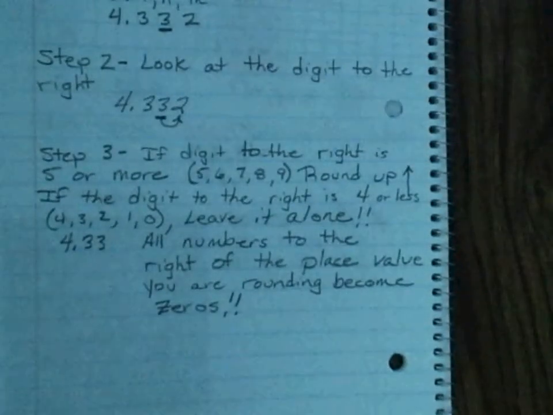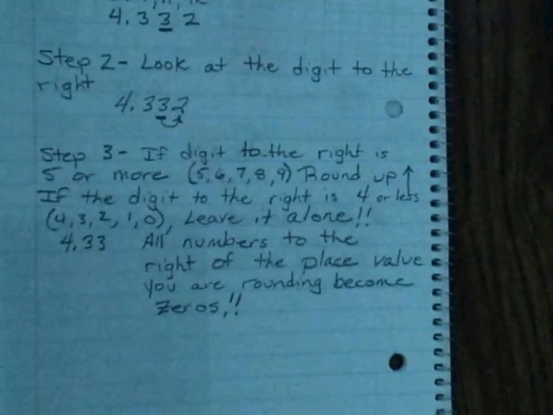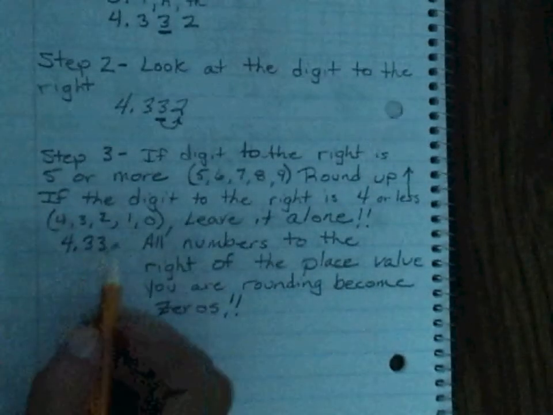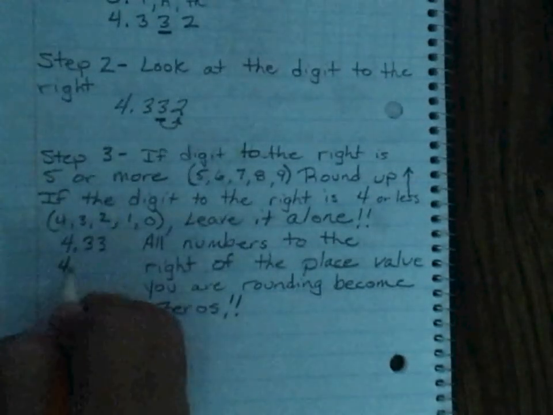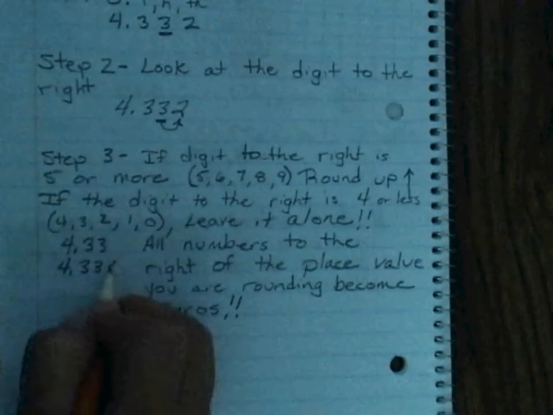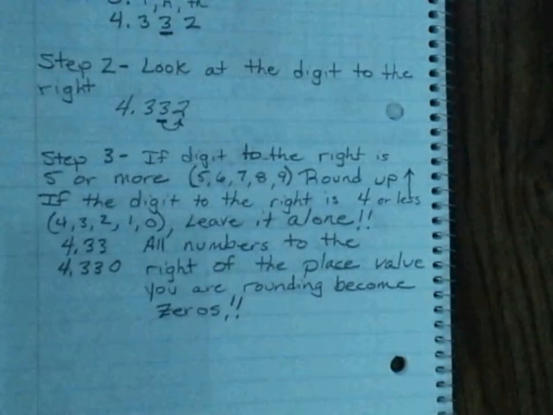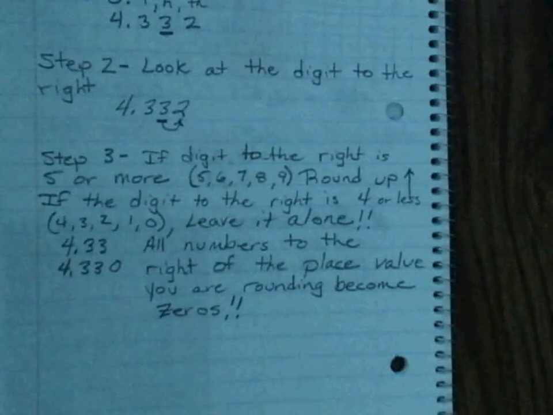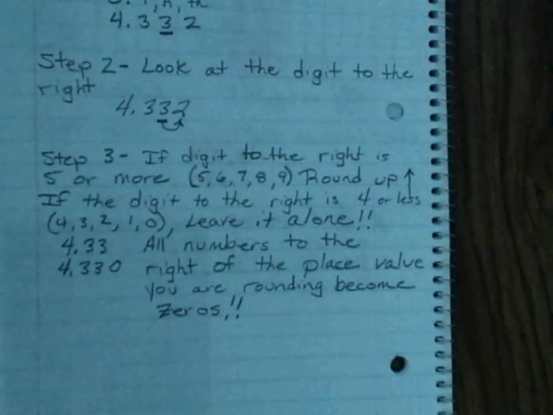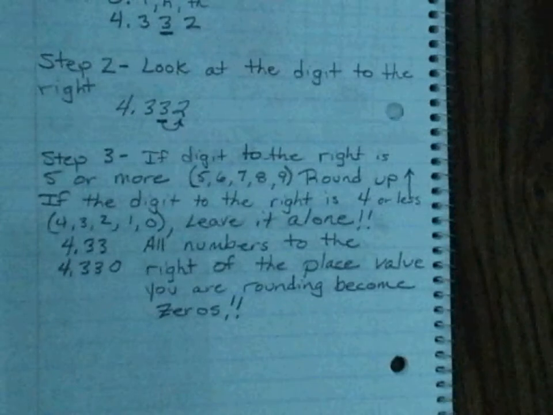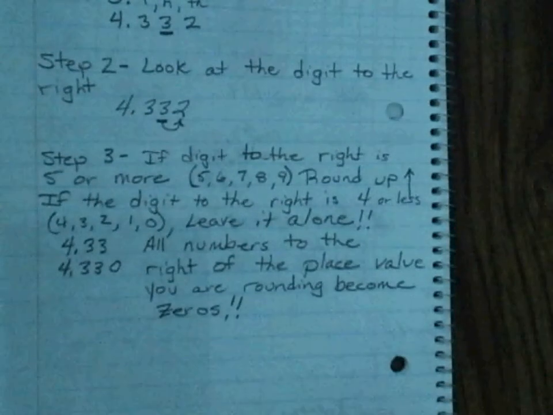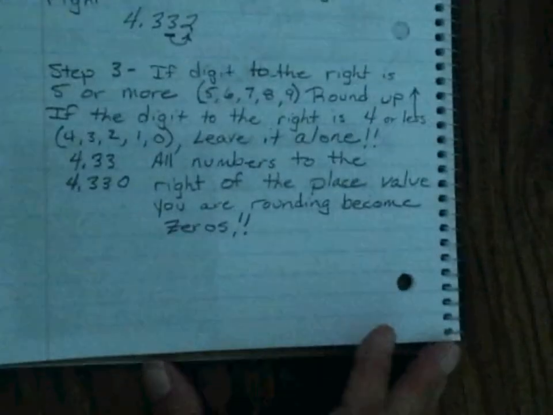So we could either write it as 4 and 33 hundredths, or we could write 4.330. Okay, so remember, everything to the right of the place value you're rounding, after you've rounded, becomes zeros. Okay, let's try another one.